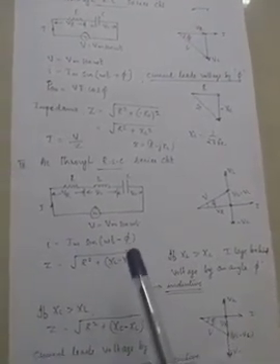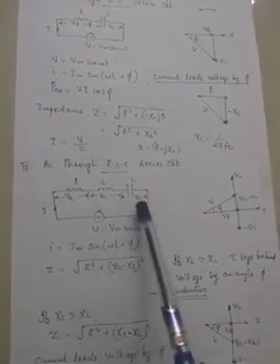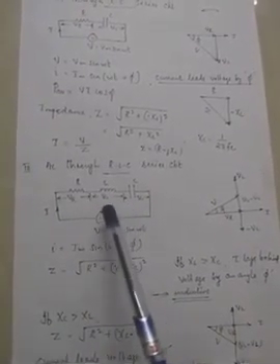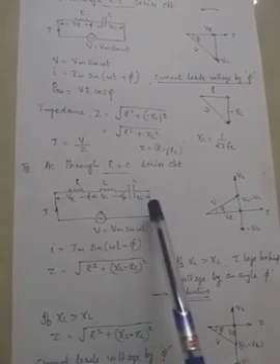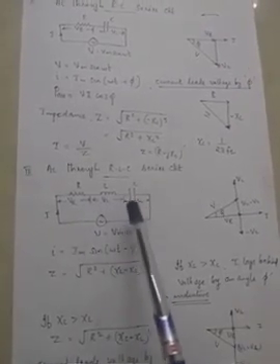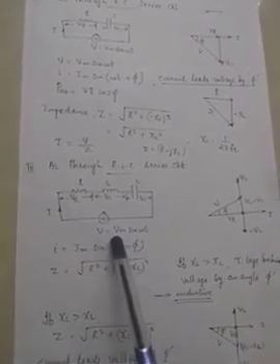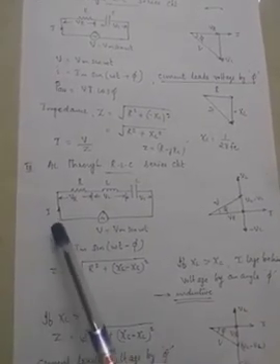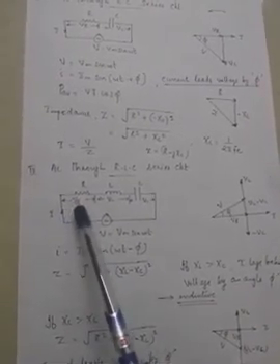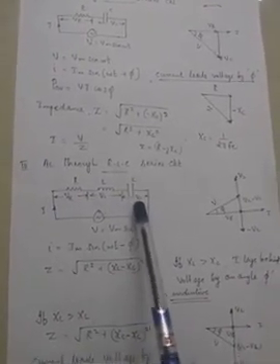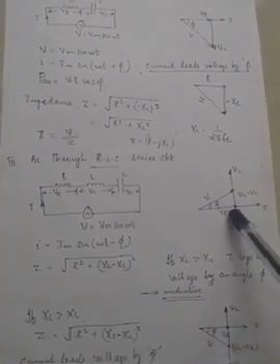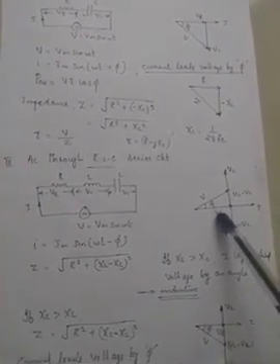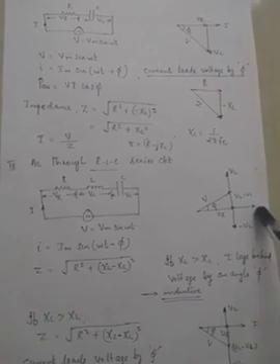Now next you can consider an RLC series circuit. All the combinations are there, R, L and C. All of them are connected in series across a voltage source V, and current I is flowing through it. Voltage drops are VR, VL and VC. Now if you draw the phasor diagram, here also since it is a series circuit, we take current as the reference.